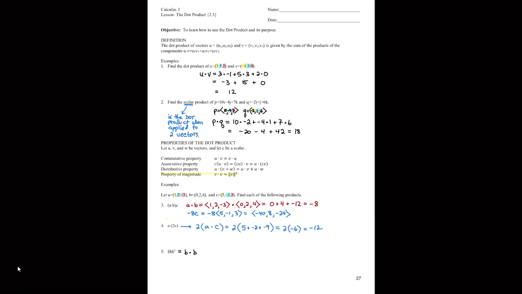This rule is just telling me that I can take the dot product between 2 vectors and that'll give me the magnitude squared. Okay, so that's what I'm going to do. So I'm going to have B dot B, so that's 0, 2, 4, dotted against itself.